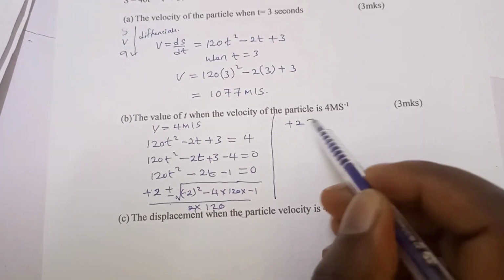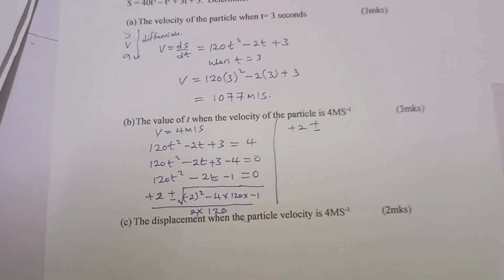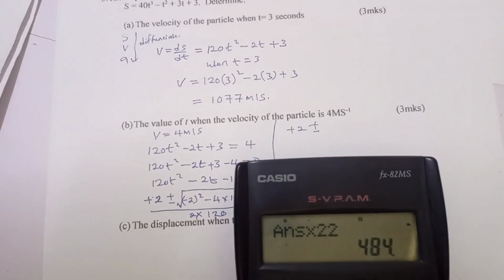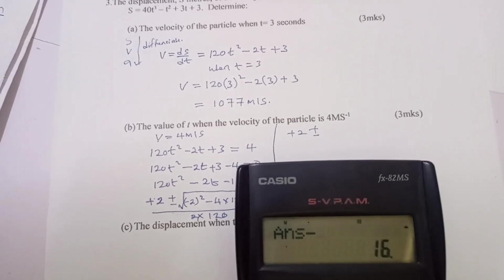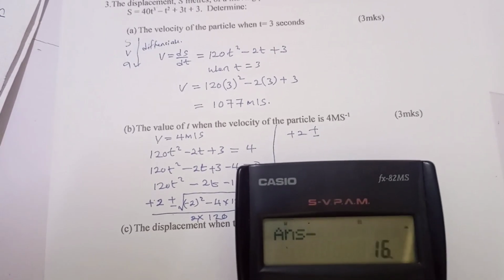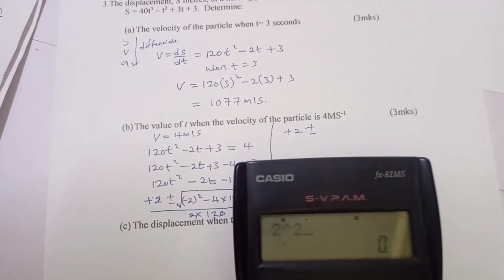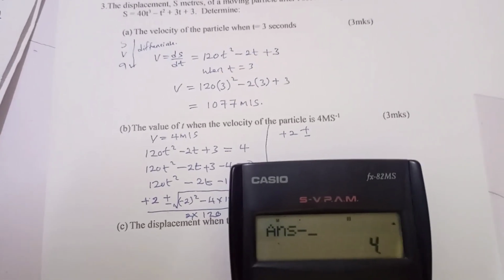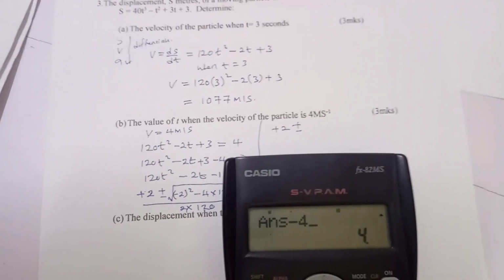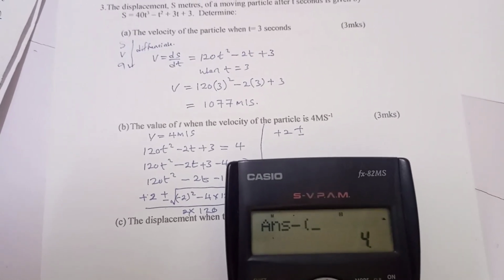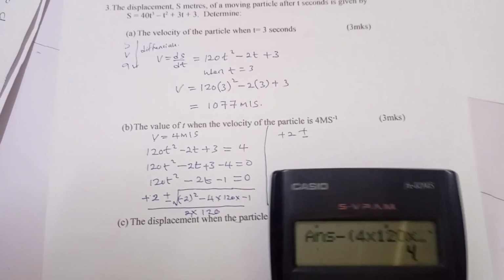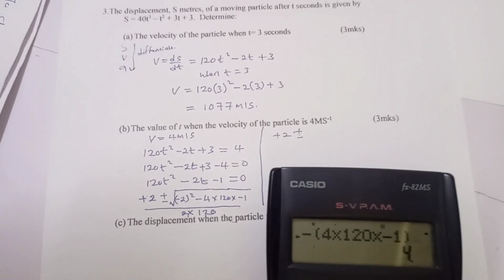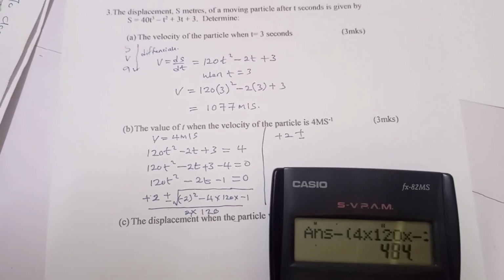So this is plus 2 plus or minus the square root of 2 squared minus 4 by 120 by negative 1, which gives 484.